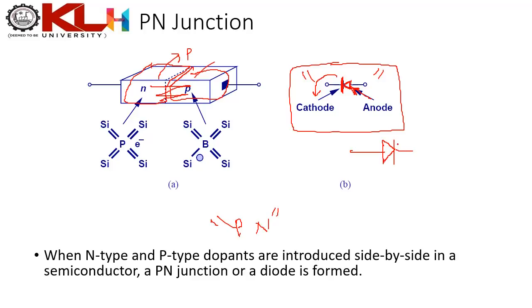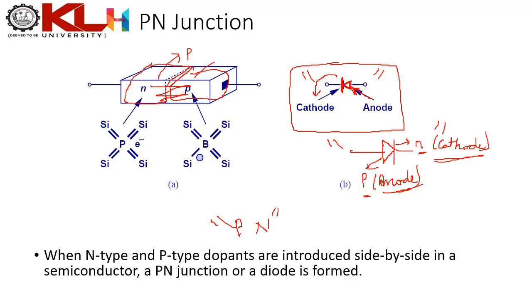The vertical bar is the n-type, which is also called the cathode, and the base of the triangle is the p-side terminal, and it is also called the anode. So it's very important. Going forward, we'll be using these terms: p and n, anode and cathode.